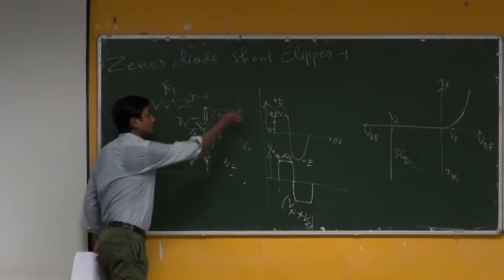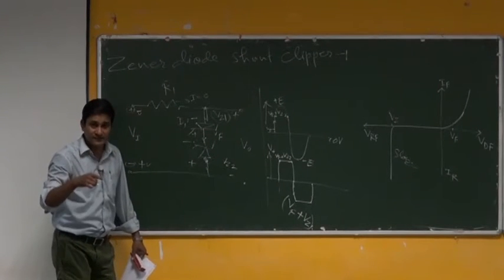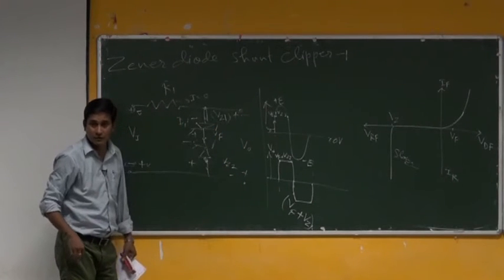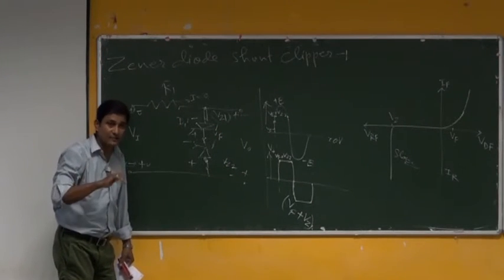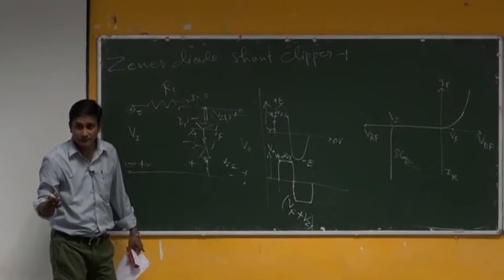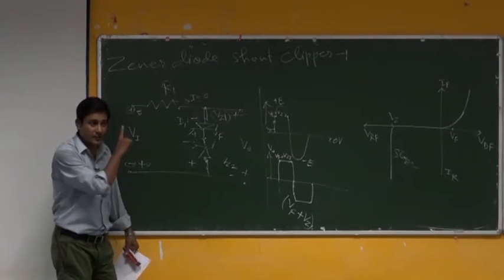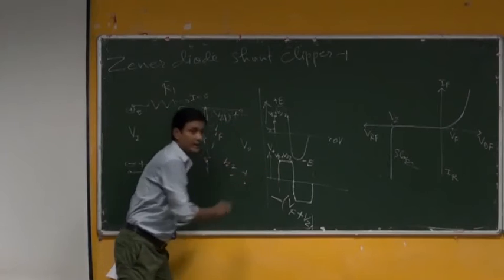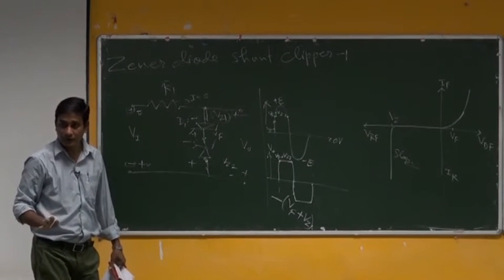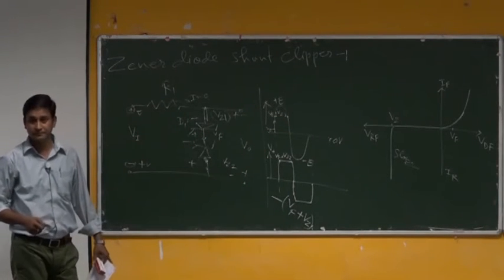Now, with respect to that reference, I am seeing that the polarity has changed. So, if I want to represent the same thing in the earlier platform, I have to revert the polarity. This is the reason with respect to which now this is negative. Fine. So, this way the circuit behaves as a clipper.